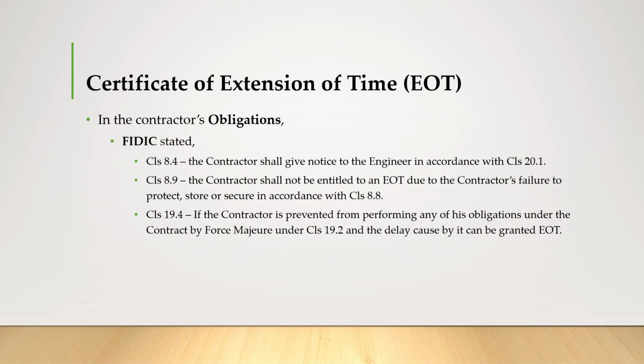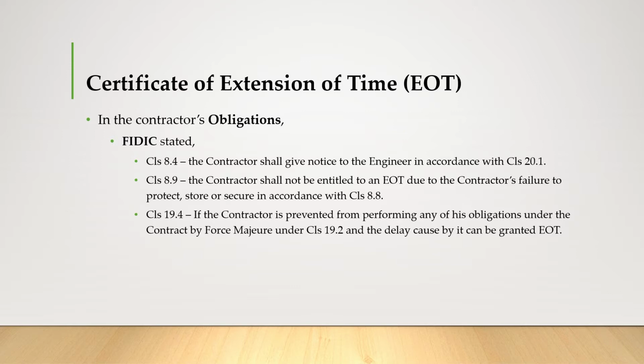In the third standard form of contract, FIDIC, the contractor's obligations are stated in clause 8.4. The contractor shall give notice to the engineer in accordance with clause 20.1. Also in clause 8.9, the contractor shall not be entitled to an EOT due to the contractor's failure to protect, store, or secure in accordance with clause 8.8.